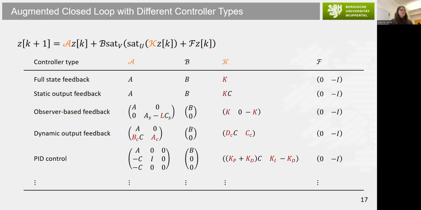To get a better overview, I now mark the unknown control parameters in red, and they appear in A and in K. So matrices containing control parameters I marked in orange. And we want to ensure stability for all of those controller types with one LMI method. So as you can see, there can be decision variables in A and K in some structured way, which makes it hard to just apply change of variables.